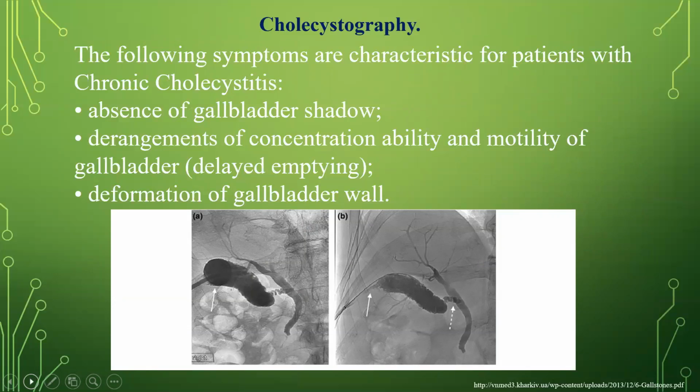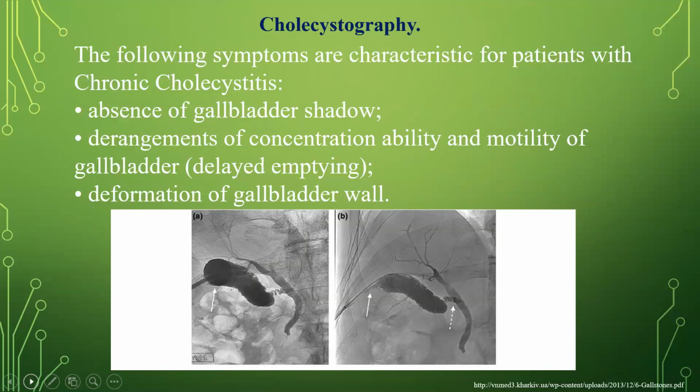They are absence of the gallbladder shadow, in case of blockage by a stone or maybe a tumor, and other causes; derangements of concentration ability and motility of the gallbladder due to delayed emptying, as an etiological cause of chronic cholecystitis; and deformation of the gallbladder wall, which leads to inability to empty the gallbladder of bile as it should.